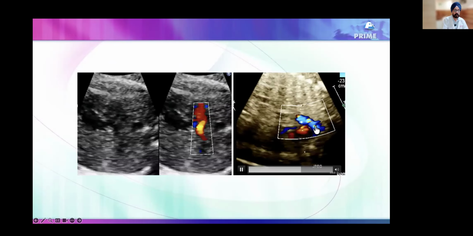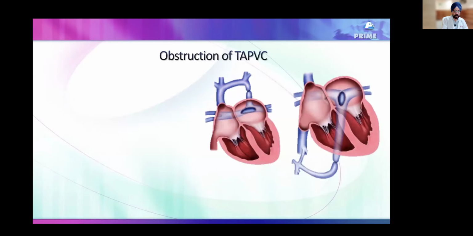And then again, you see this is the supracardiac vein, but I think leave that. So in supracardiac TAPVC, the obstruction can happen when it crosses the pulmonary artery and the trachea; that is where the obstruction can happen in fetal life.